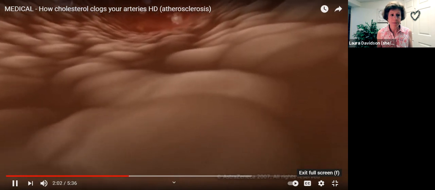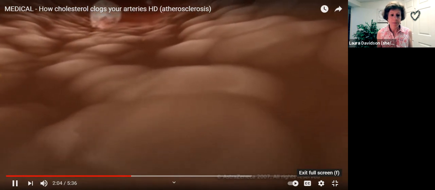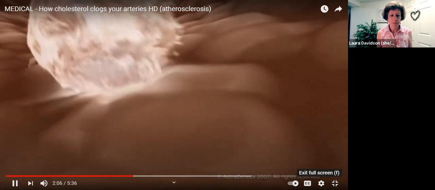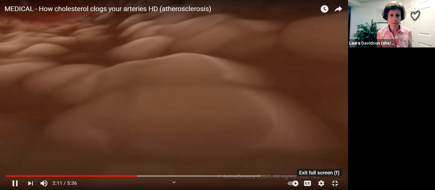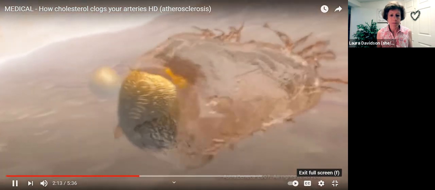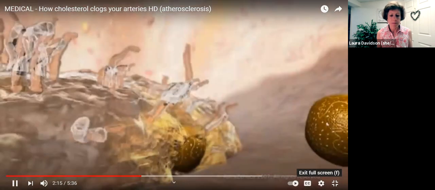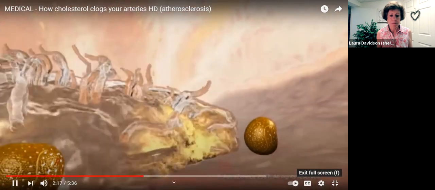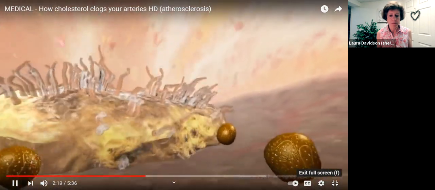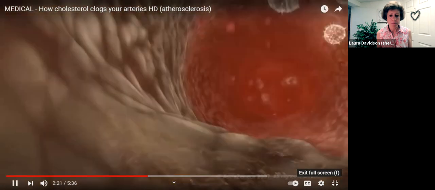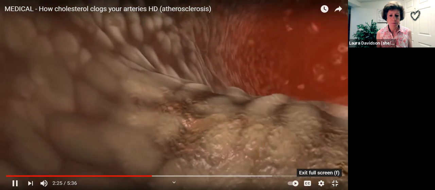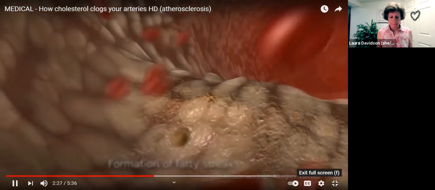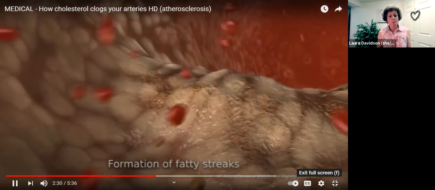There are 4 key stages in the development of atherosclerosis. The body tries to defend against the invasion of LDL-C into the artery walls by activating specialized cells called macrophages to consume the LDL-C. They become enlarged cholesterol-enriched cells called foam cells that are embedded in the vessel wall. The accumulation of foam cells can be seen by the presence of fatty streaks in the vessel wall.